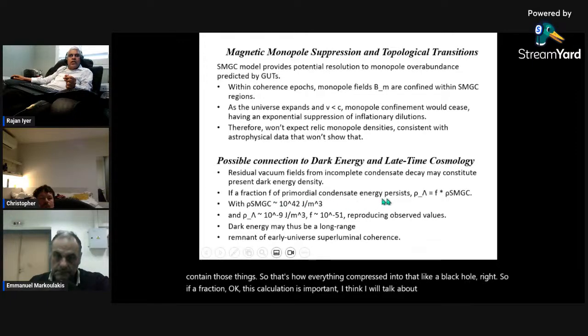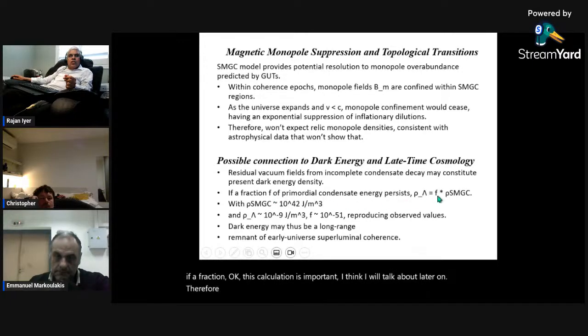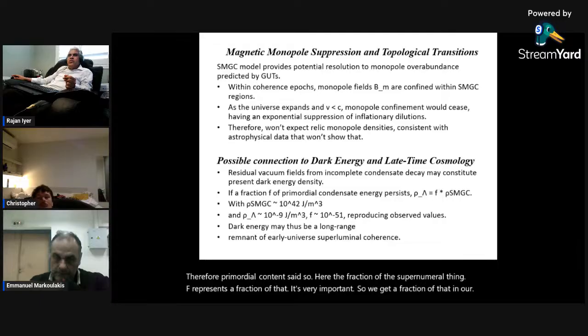F of primordial condensate. So here the fraction of the superluminal thing, F represents the fraction of that. It's very important. So we get a fraction of that in our real universe or baryon universe.